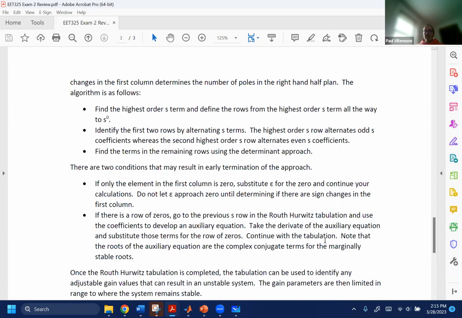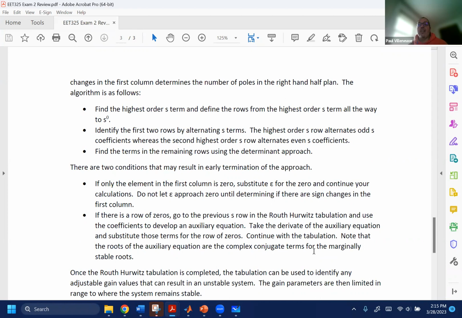Now, the thing about this approach is, and again, if you read the book that I'm referencing that I encourage you to use, it does say there can be some cases when you have this condition. The only cases I've ever seen is when your system is marginally stable. So remember, Routh-Hurwitz only tells you if you have any poles in the right-hand half plane. It doesn't tell you if you have marginally stable.